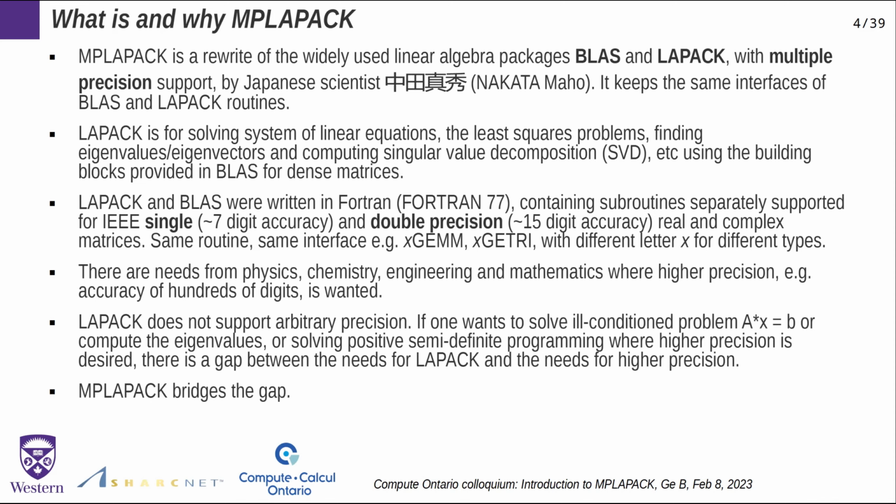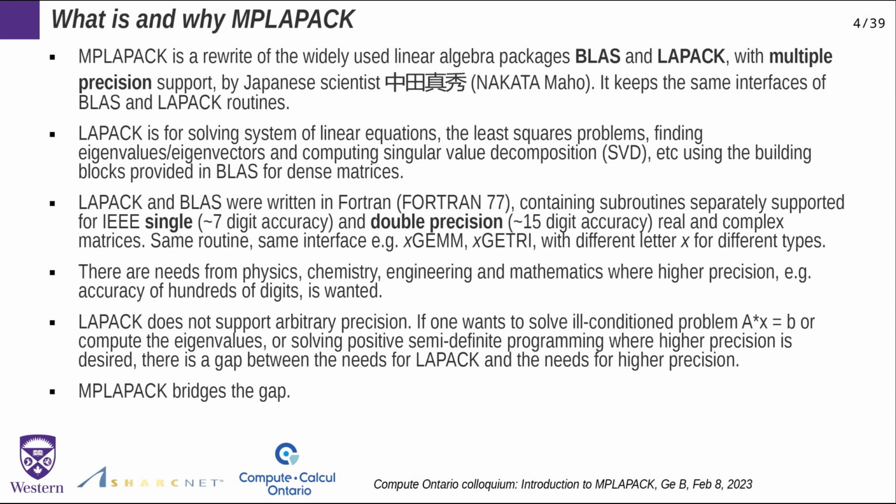And the same routine, same interface, for example, GEMM and GETRF, with a different letter in front as a prefix for different types. And there are needs from physics, chemistry, engineering, and mathematics where a higher precision, especially an accuracy of hundreds of digits, is wanted. So LAPACK doesn't support arbitrary precision.